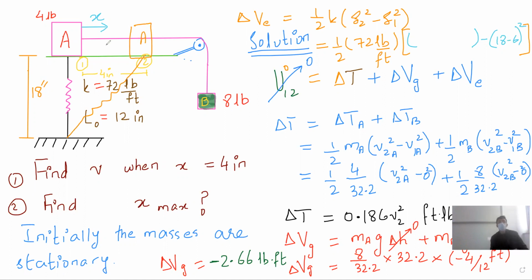So you can see that this fellow is 4 inches, this fellow is 18 inches. 18 minus 12. Did I say 18 minus 6? Oh, apparently I have made a mistake. I said 18 minus 6. Why did I do that? 18 minus 12, sorry. Thank you.